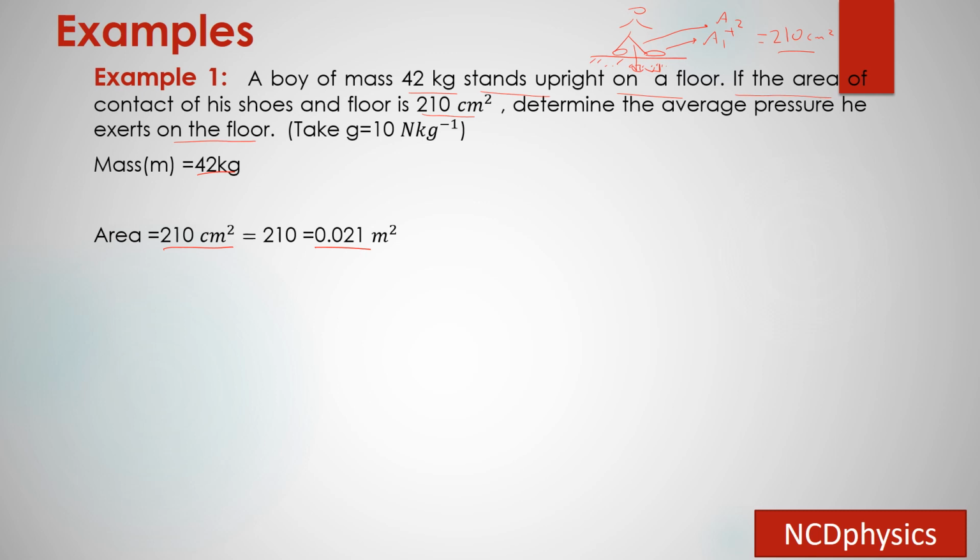We have to convert centimeter square to meter square, so you divide by 10,000. So 210 centimeter square is equal to 0.021 meter square.